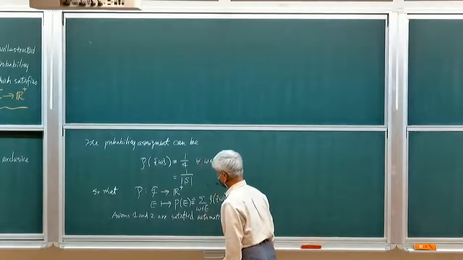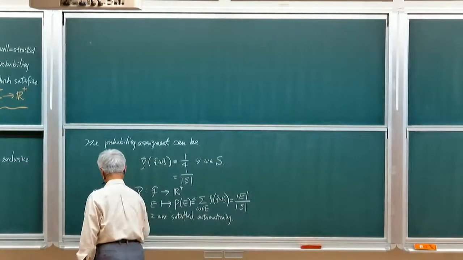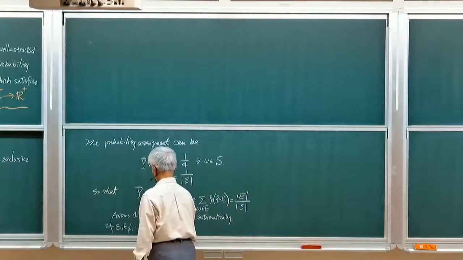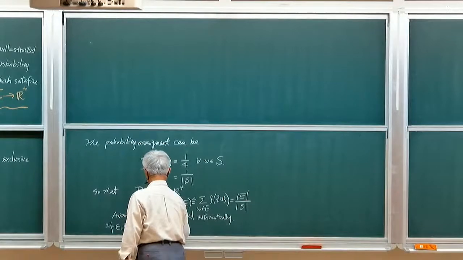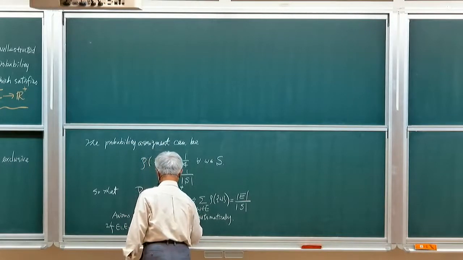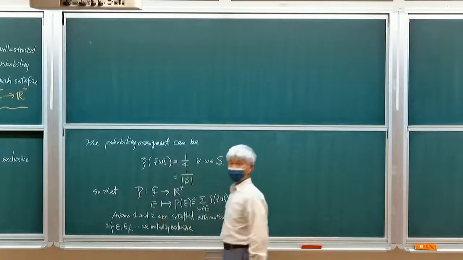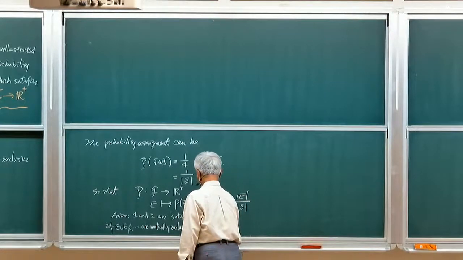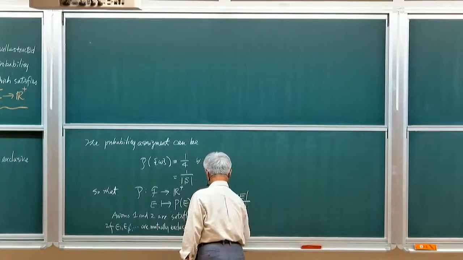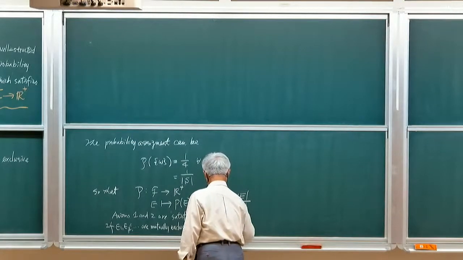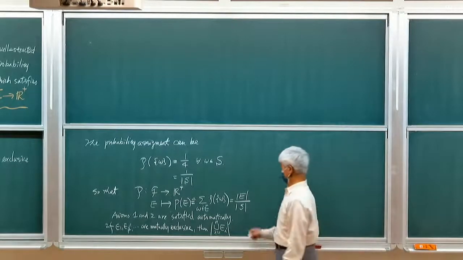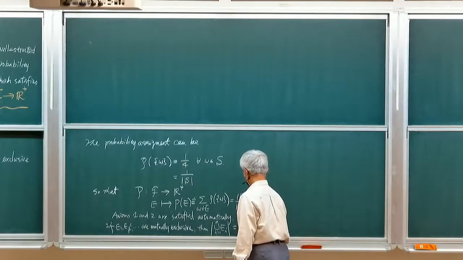Now if E1, E2, and so on are mutually exclusive, then the size of the union is equal to the sum of the sizes of the Ei.